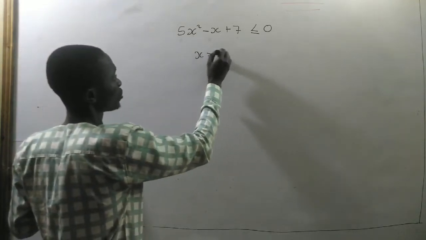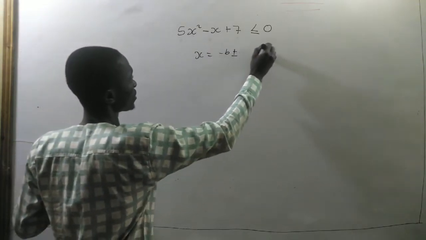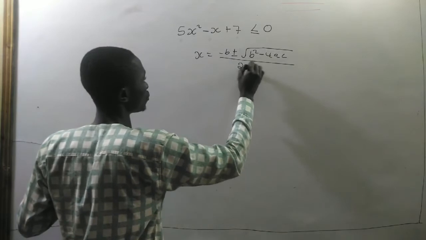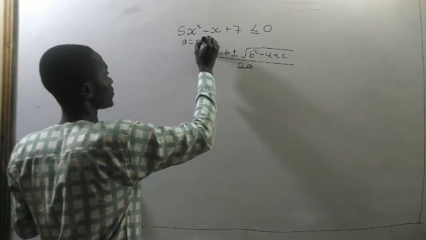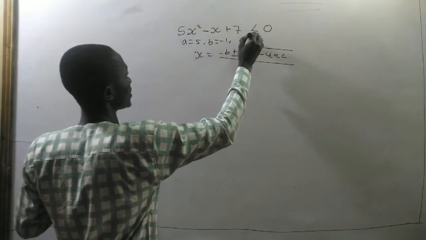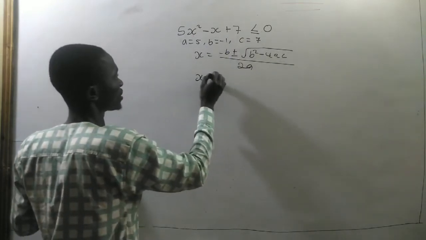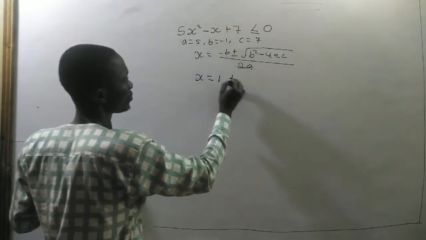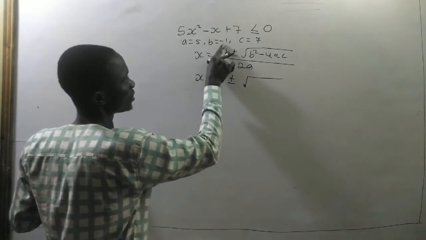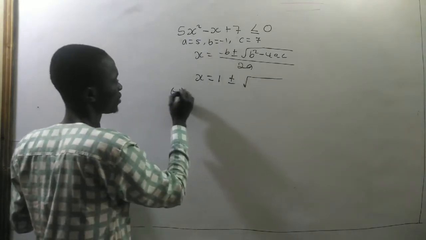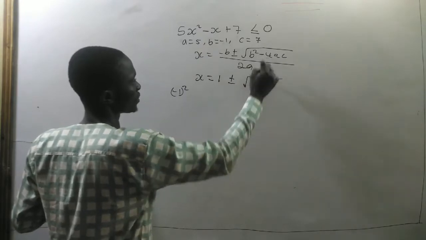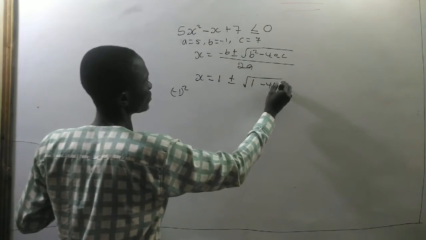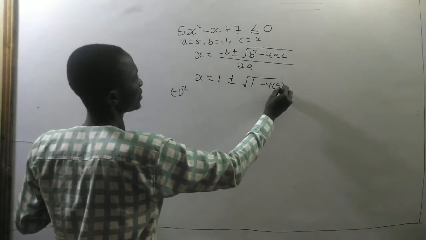So let's put x is equal to -b plus or minus the square root of b squared minus 4ac, all divided by 2a. Here a is 5, b is -1, and c is positive 7. So you have x is equal to -b, and b is -1, so you have positive 1 plus or minus the square root of -1 squared, which gives us positive 1, minus 4 times a, and a is 5, and then c.